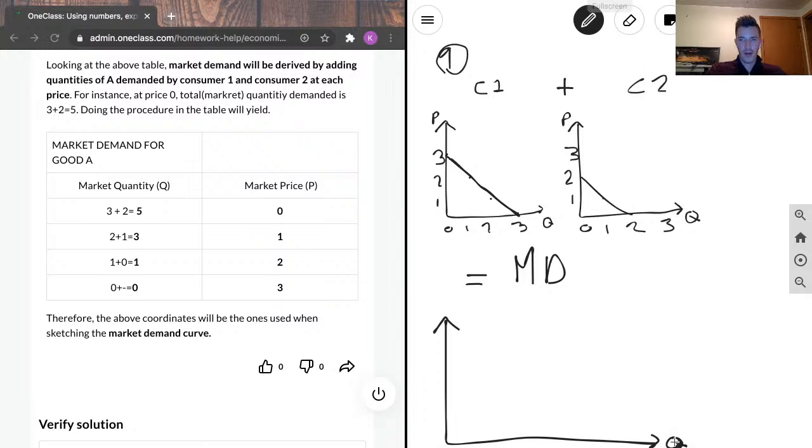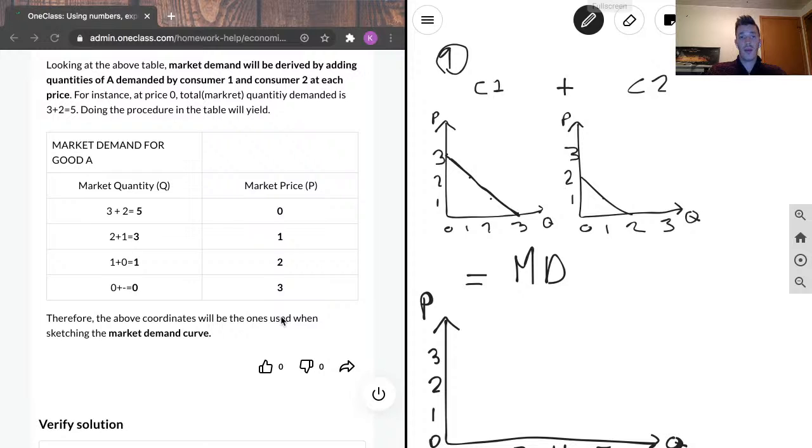So we've got Q and P again. So price is again going to go 0, 1, 2, 3. We can have 0, 1, 2, 3, 4, and 5. So at a price of 3, consumer 1 demanded 0 of the good, and consumer 2 demanded 0 of the good.